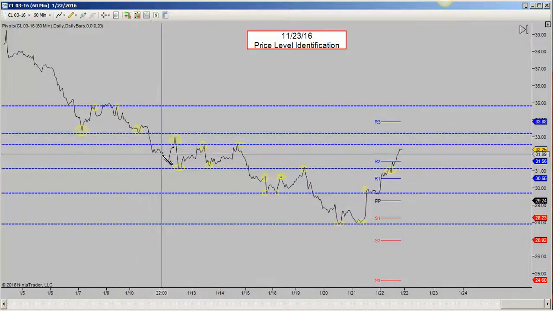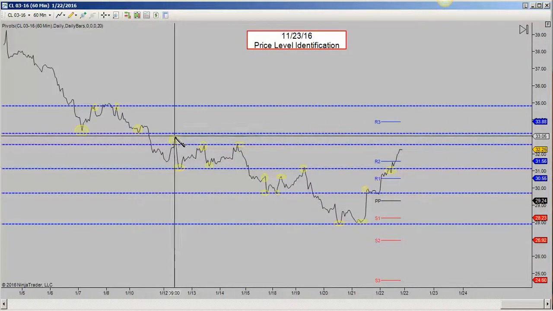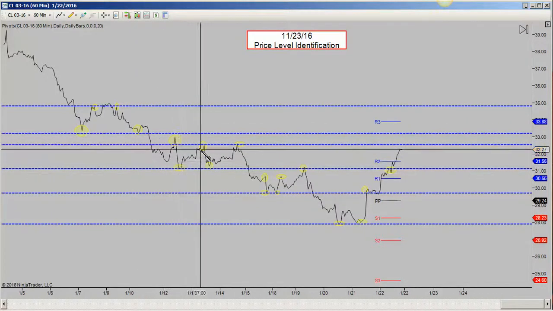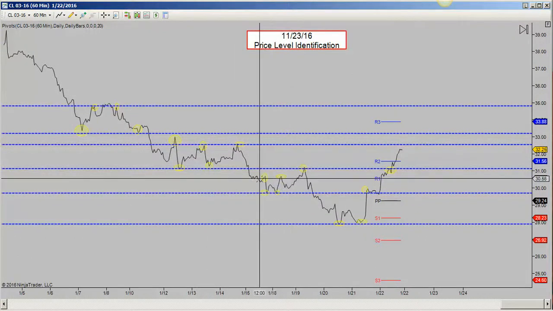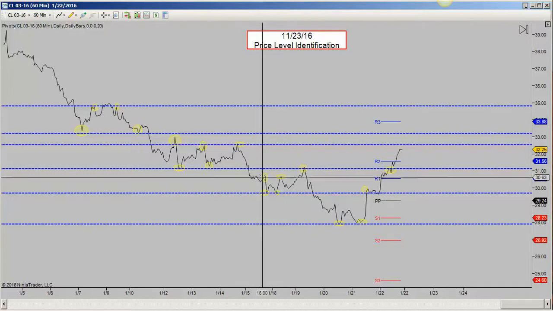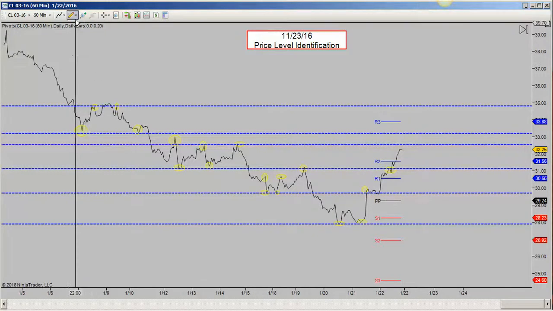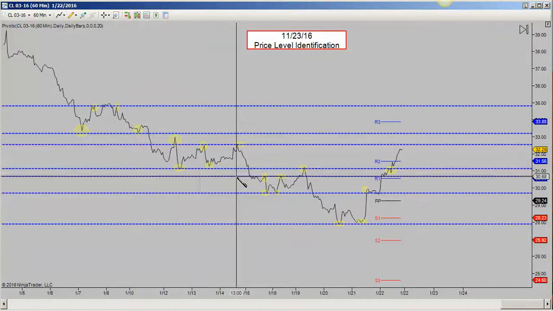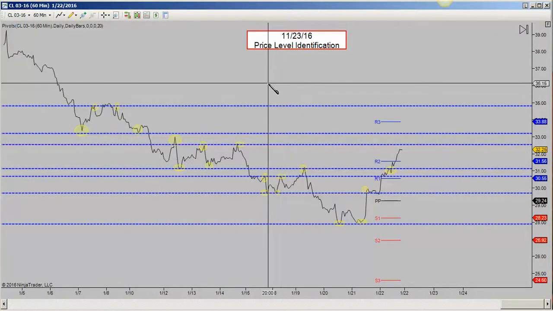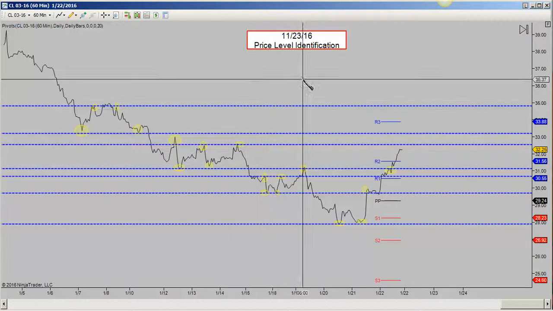Support was broken here, and it became resistance, support, resistance, support, resistance, etc. There might be another small zone right there. I'm sorry, another level right there. We'll delineate the difference between levels and zones in a minute. Okay, so we have everything connected.